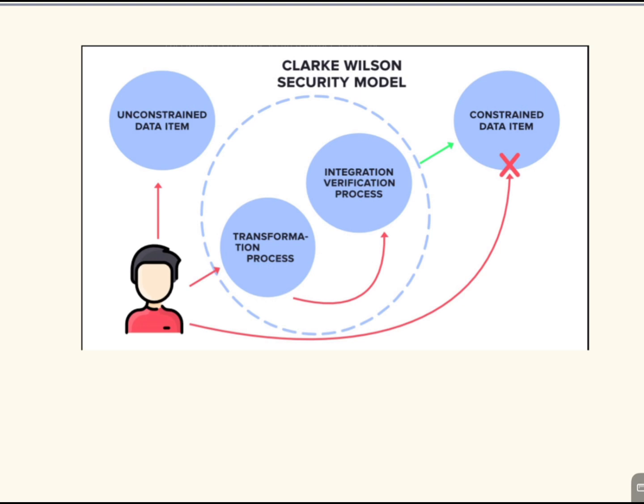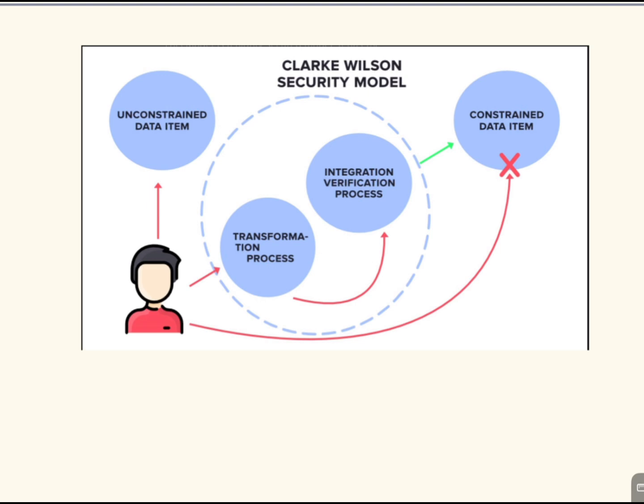In our previous video, we discussed the BIBA model. BIBA is also an integrity model. At the end of this video, I will let you know the big difference between these two models, Clark-Wilson and BIBA. But now, in this image, let's try to understand the Clark-Wilson security model.